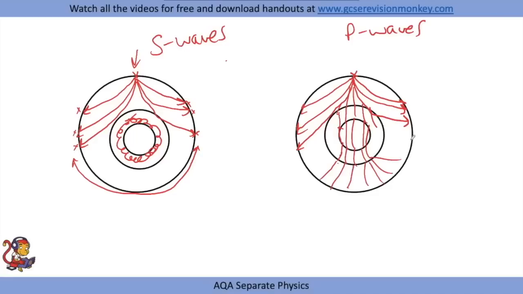So with these P waves, there will be a smaller region on the Earth where seismometers would not detect any activity, so there'll be nothing detected in this region, but they can travel through the liquid outer core as well as the solid inner core.